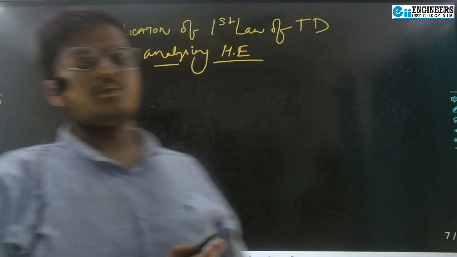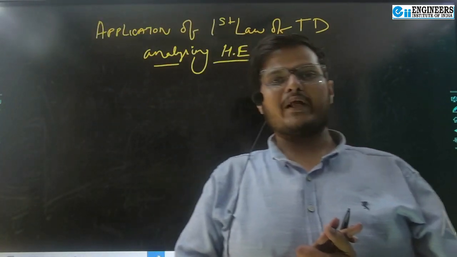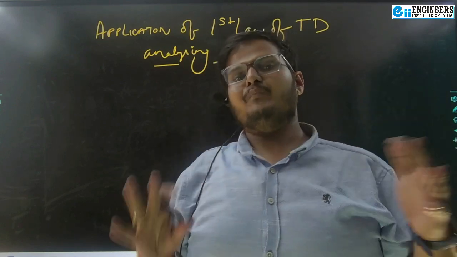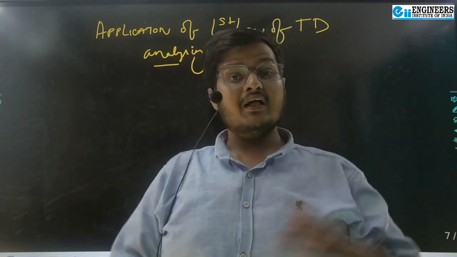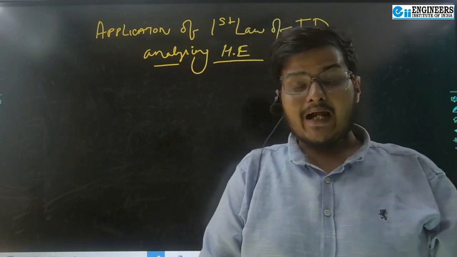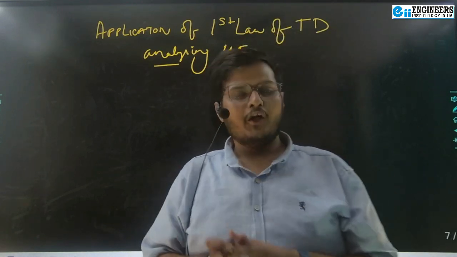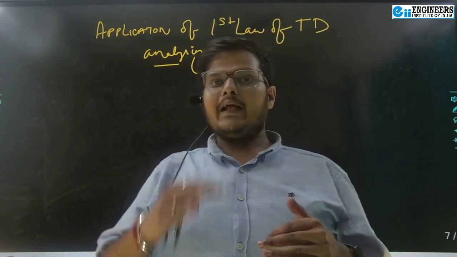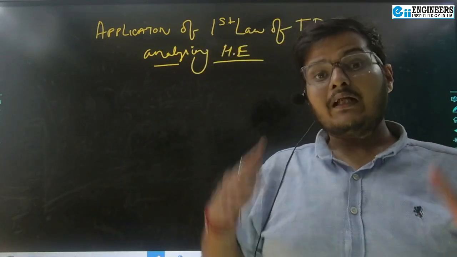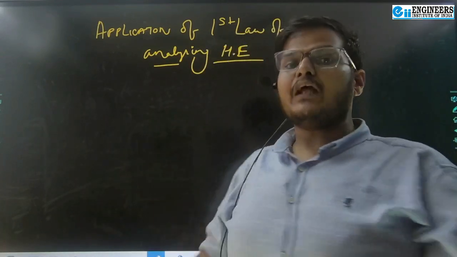Now let's analyze what the first law of thermodynamics basically says. From 12th-grade fundamentals to engineering fundamentals, the first law of thermodynamics basically says the conservation of energy, that energy can neither be created nor be destroyed, but it can be transferred from one form to another. That's fine. Let us write this mathematically.